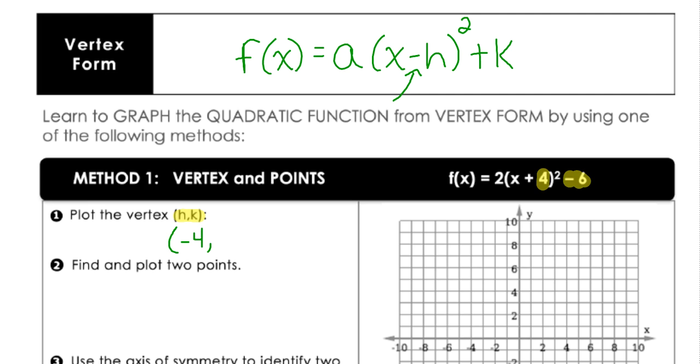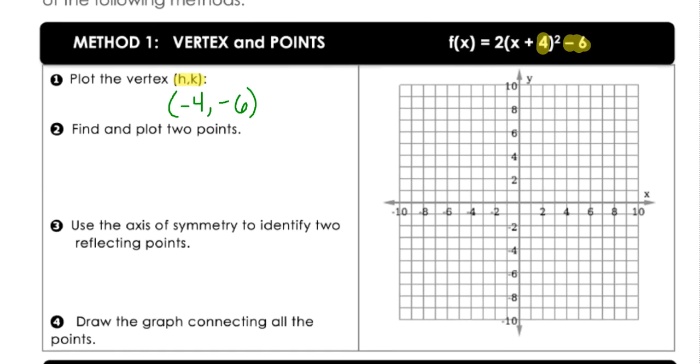The k value is the positive one, so this one would be negative 6 because it's a minus 6 at the end. So whatever's in those parentheses is really the opposite of what it looks like. So I would plot that vertex at negative 4, negative 6 by making a point down there.